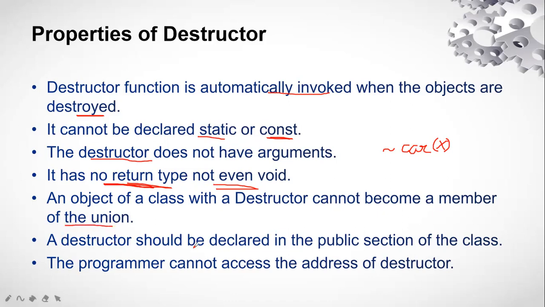Next, a destructor should be declared in the public section of the class. As we all know, the constructor is also every time declared in the public section of the class. The destructor should also be declared in the public section of the class. Last, the programmer cannot access the address of the destructor.